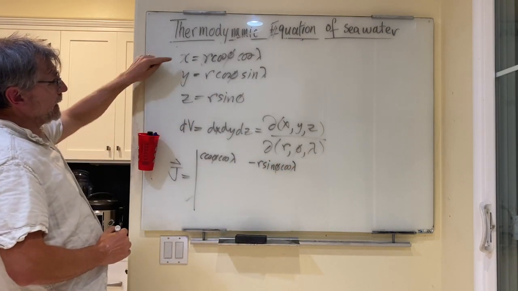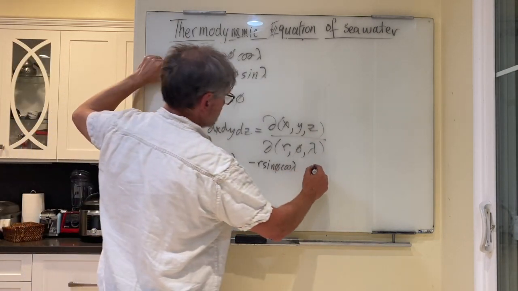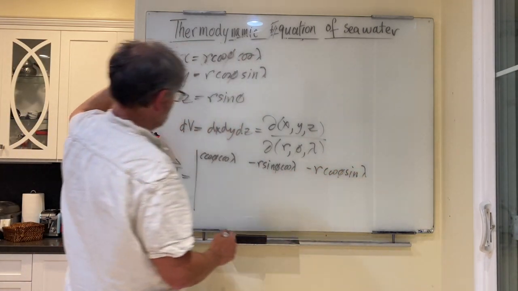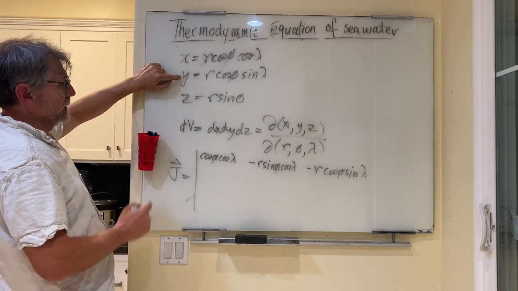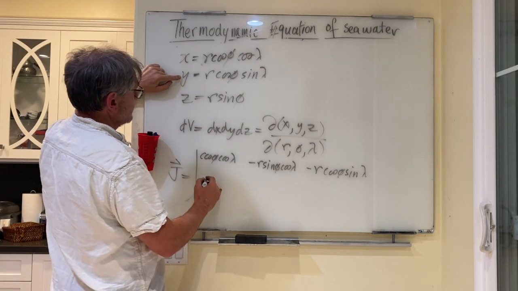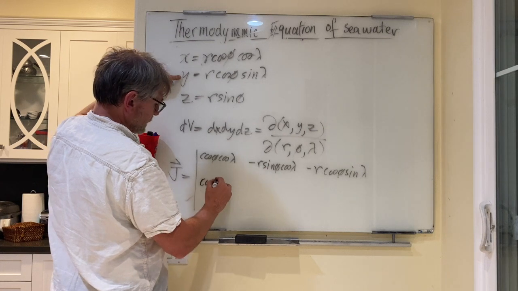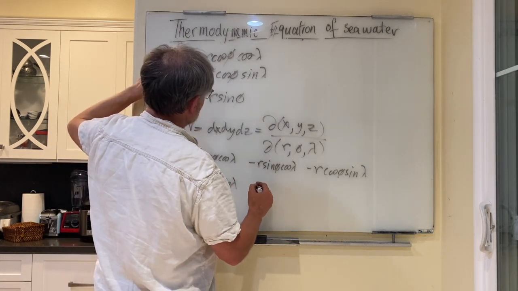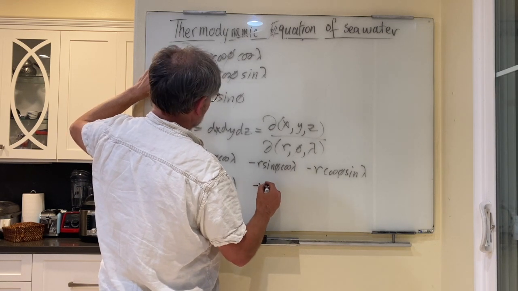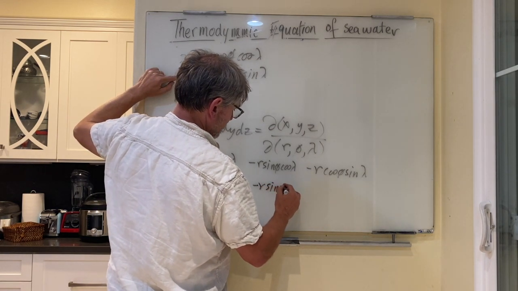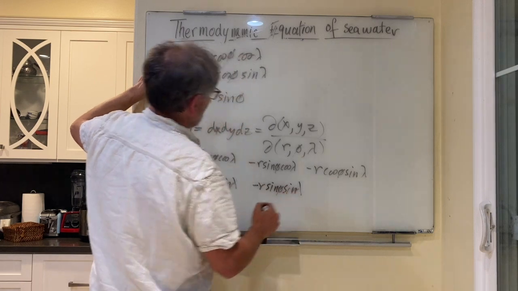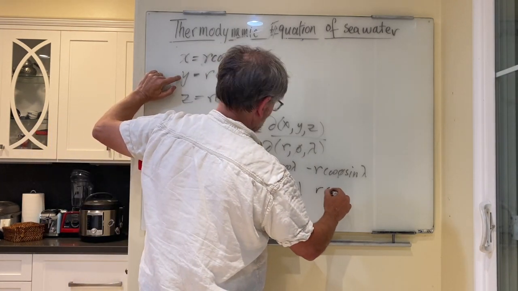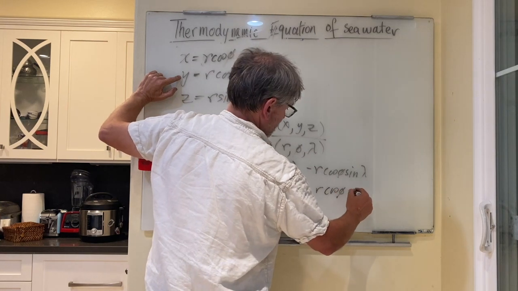And dx d lambda is minus r cos phi sine lambda. Then derivatives for y. dy dr is cos phi sine lambda. dy d phi is minus r sine phi sine lambda. And dy d lambda is r cos phi cos lambda.